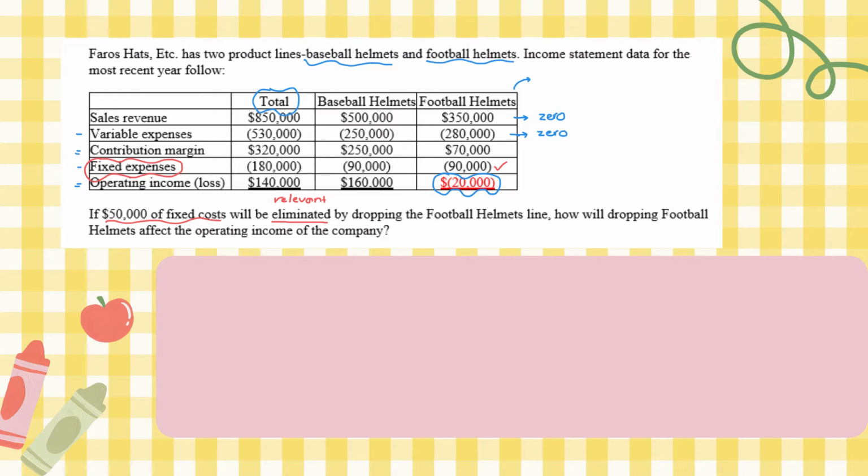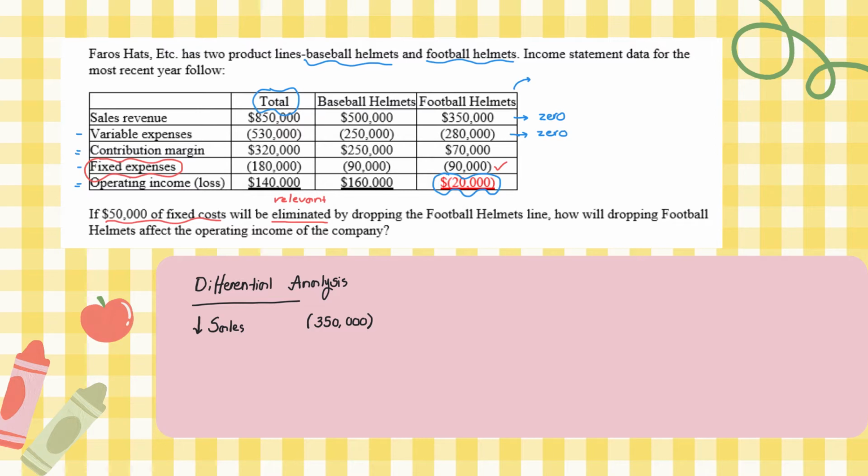Now we need to prepare something called differential analysis. What's gonna happen if I drop this line? We said sales revenue will equal 0, so it's gonna decrease by how much? Sales will go down, will decrease by 350,000. Since it's gonna decrease, it's negative. Now variable cost also will decrease.